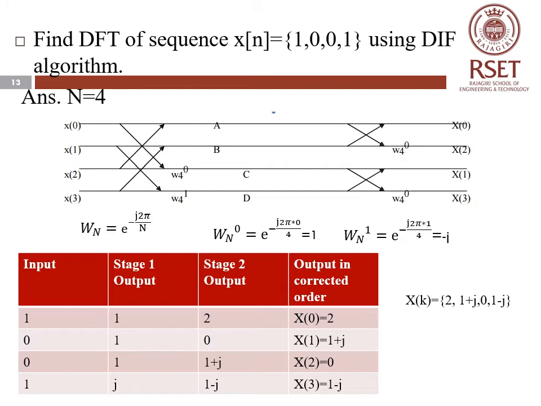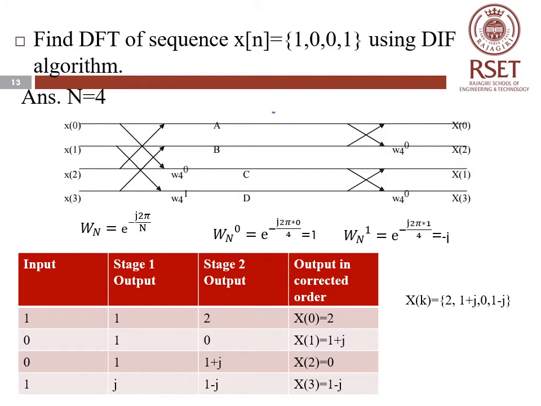Once we finish drawing the butterfly, we have to find the twiddle factors and the required exponentials. The twiddle factors included are W4 raised to 0 and W4 raised to 1. W4 raised to 0 is always 1, and W4 raised to 1 is minus j. Now the output of the first stage: 1 plus 0, that is 1.